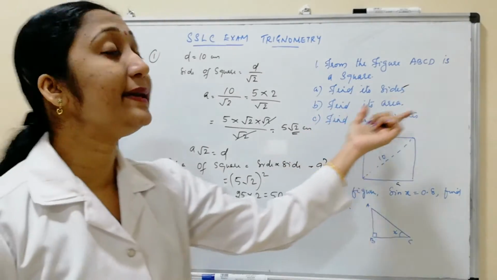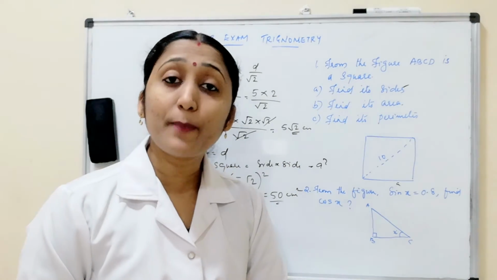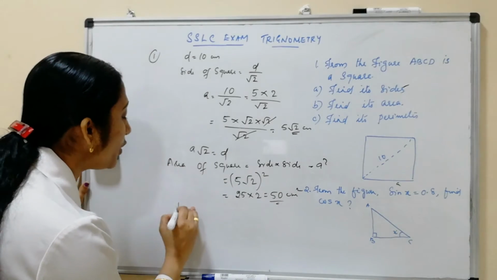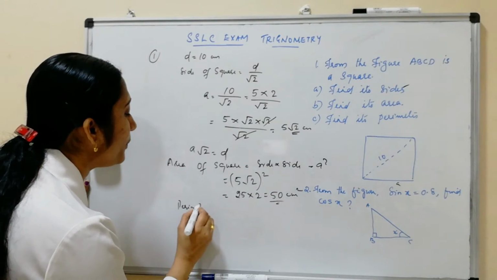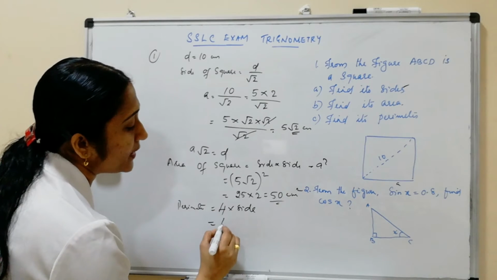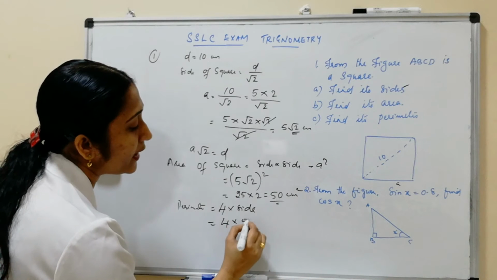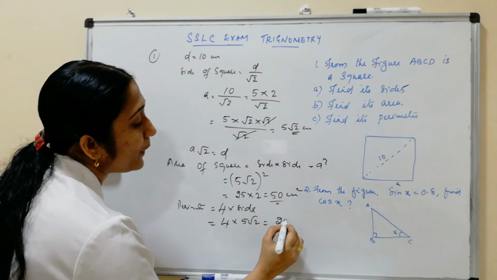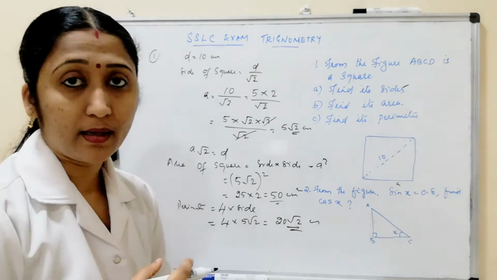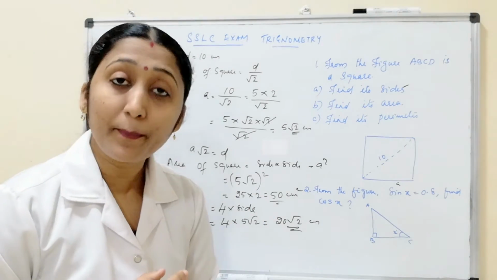Next, find its perimeter. Perimeter of a square is equal to 4 into A, that is 4 into the side, 5 root 2. That is equal to 20 root 2 centimeter, which is the perimeter.